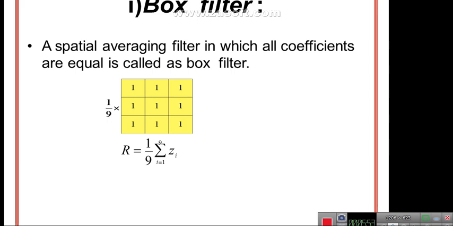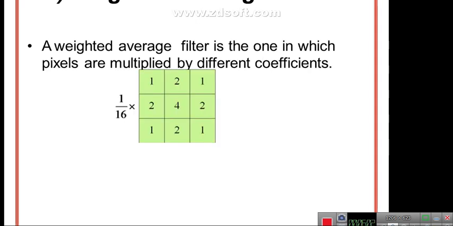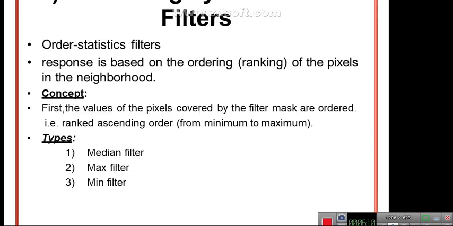Here it is 3 cross 3, so totally 9 pixels, so 1 by 9 into a 3 cross 3 matrix of 1 1 1 in all rows and columns. And for the weighted average filter, the mask is 1 2 1, 2 4 2 and 1 2 1.